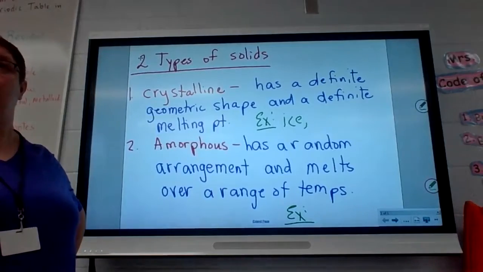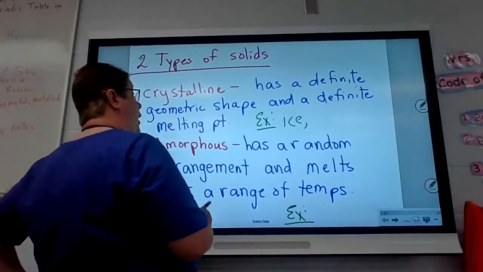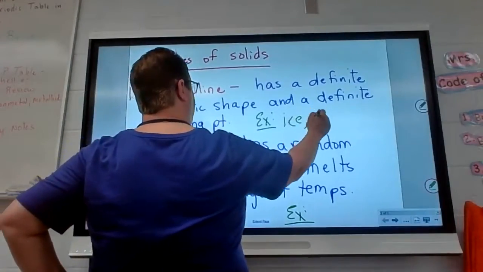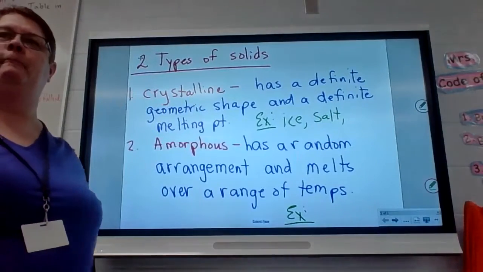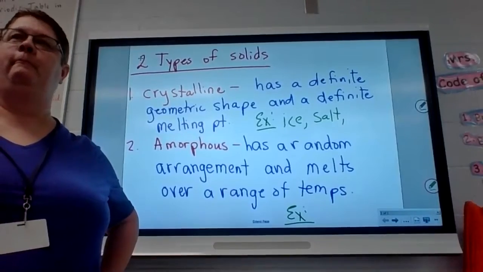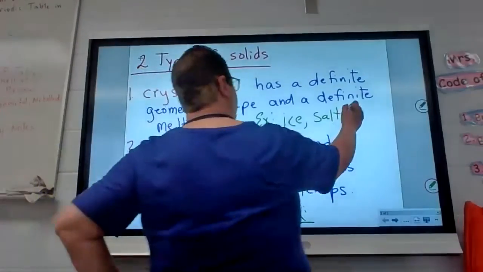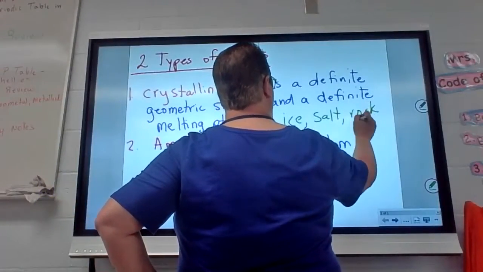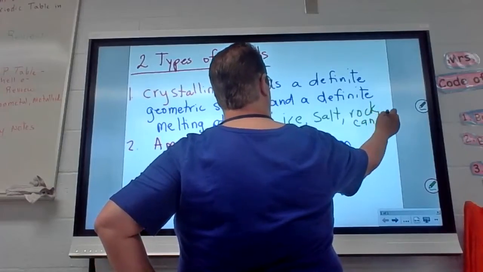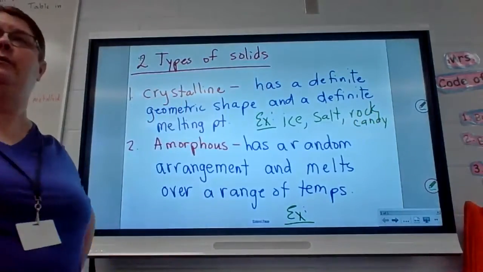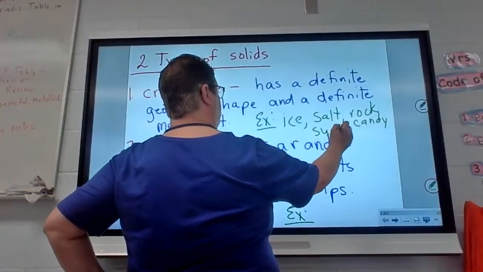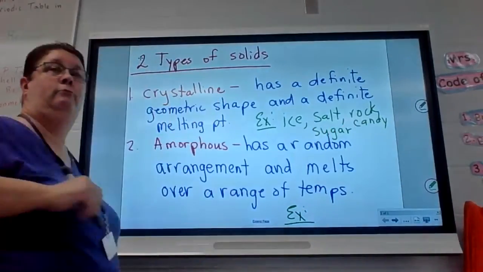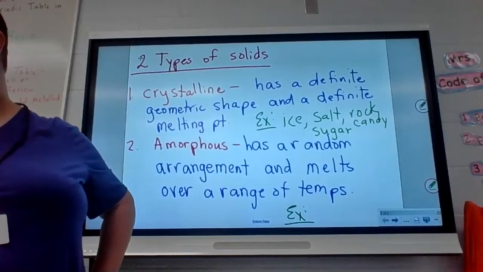Salt. What are those little things you can get from the candy factory? Rock candy. Rock candy is sugar, but sure, those are crystalline.